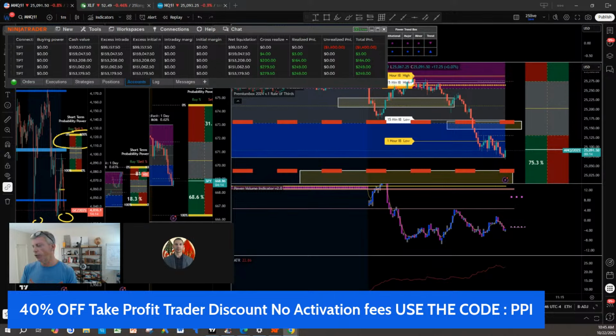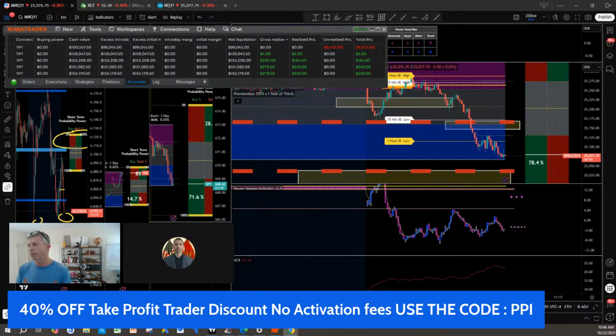You have to be careful now because 140, 168 is huge resistance on NASDAQ. And of course, the 70.5, 70.25 on SPY is huge resistance.